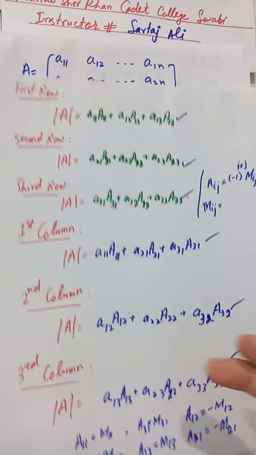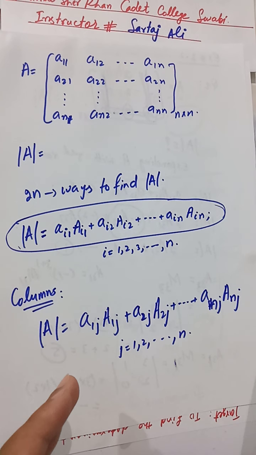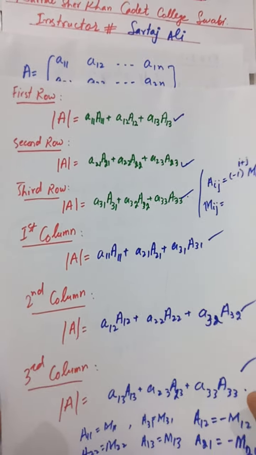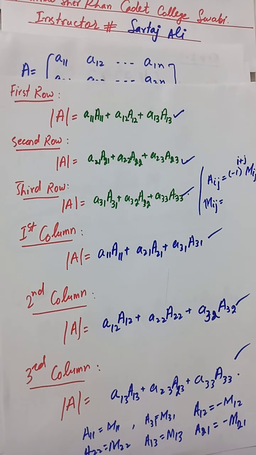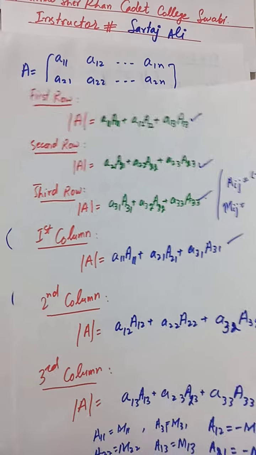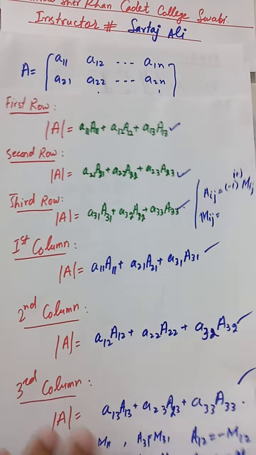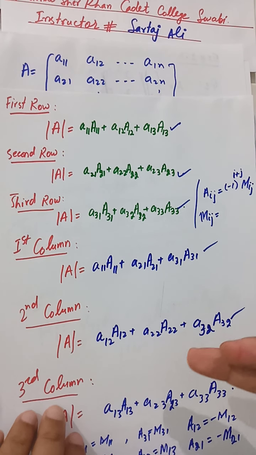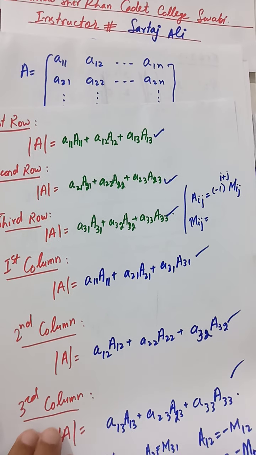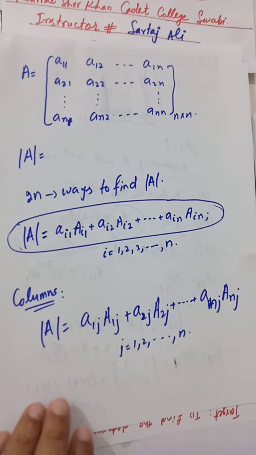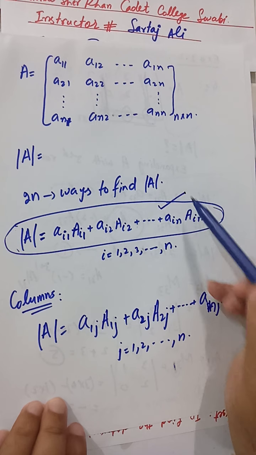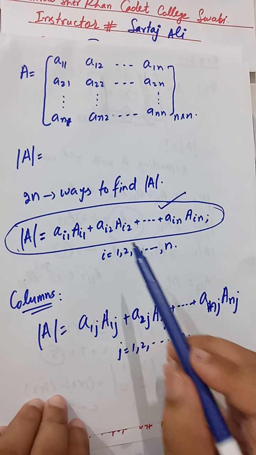So this is the generalization, but we don't need this, because in this chapter we will discuss the determinant of matrices having order 3 by 3. We are not interested in finding the determinant of 4 by 4, 5 by 5 and 6 by 6 and so on. But if someone asks how you can generalize these formulas for finding the determinant of higher orders, this is the formula for finding the determinant with the help of any row.